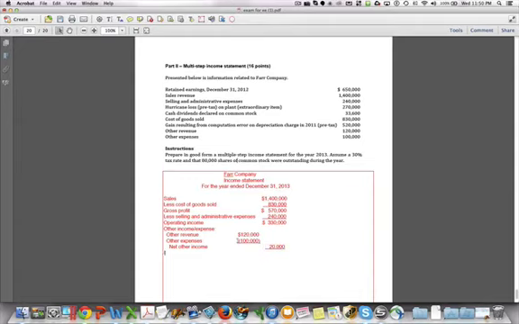This is going to be income from continuing operations before tax. Maybe we need to put an extra line in there. And that'll be $350,000.